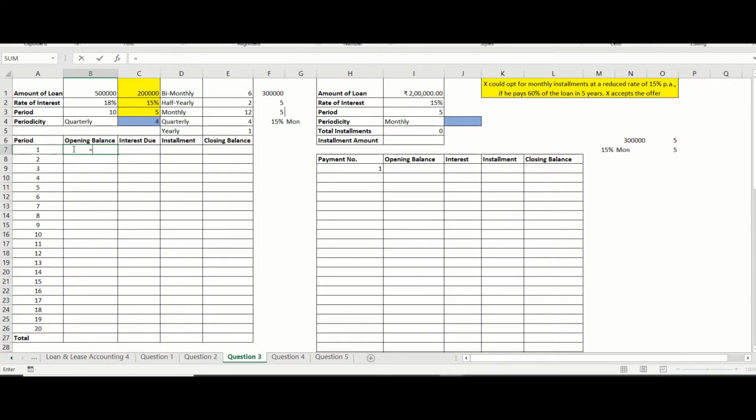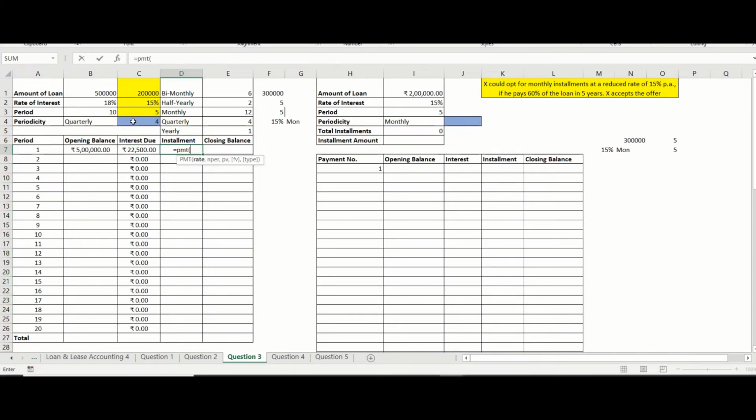ठीक है, my opening balance is this amount of loan. What is my interest? My interest is opening balance multiplied by the rate 18%. I fix it, divided by my periodicity, which is 4 quarterly payments, right? Enter. And I just drag this down. What is my installment amount?